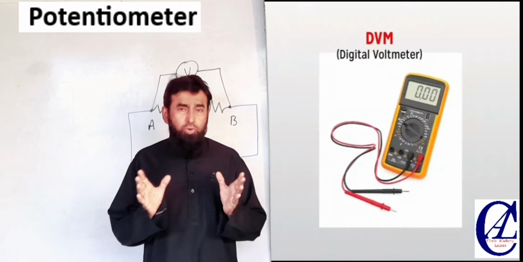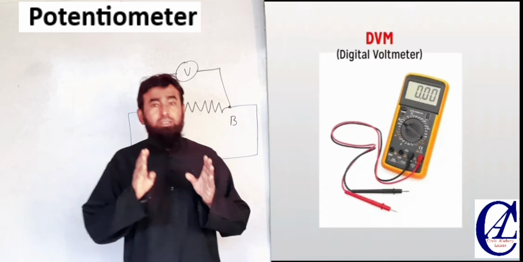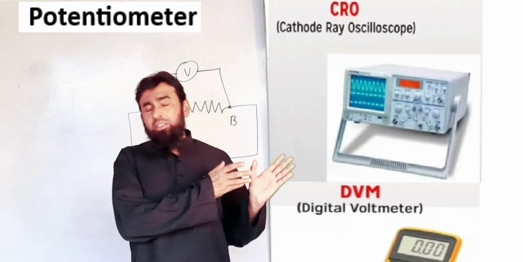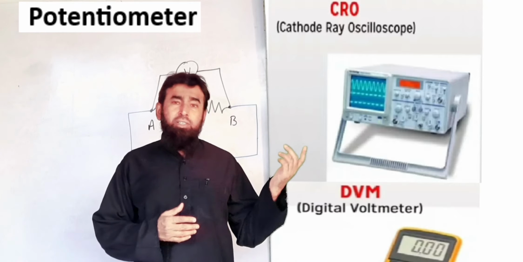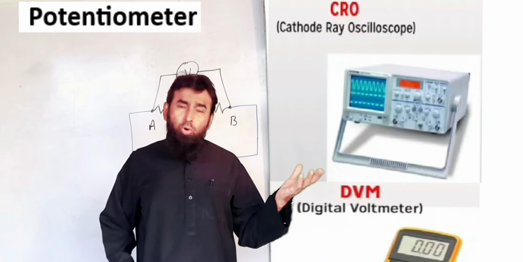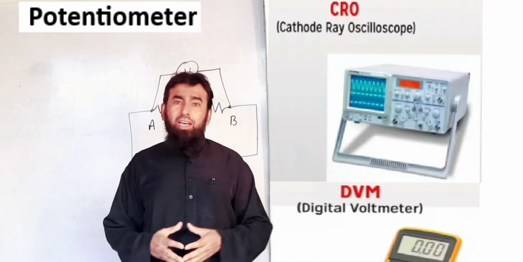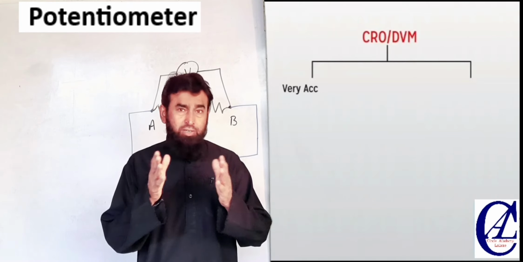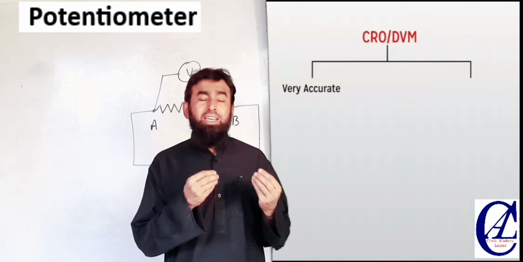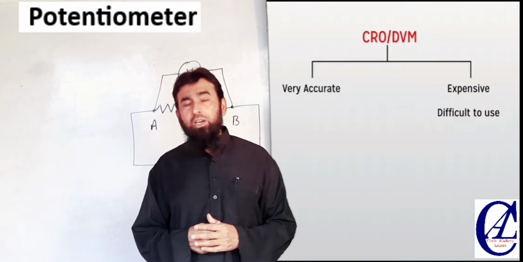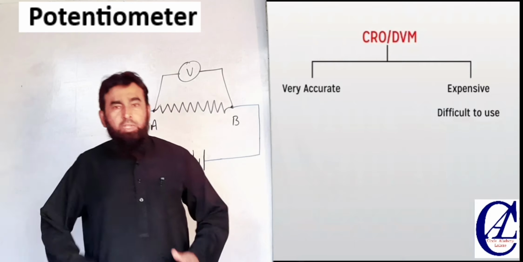Their resistance is literally infinity, because when you apply them in the circuit, they do not draw any current from the circuit. They have their own batteries through which they get current. That's why they do not need any current from the circuit. And one must be very expert while using these instruments to find the potential difference.